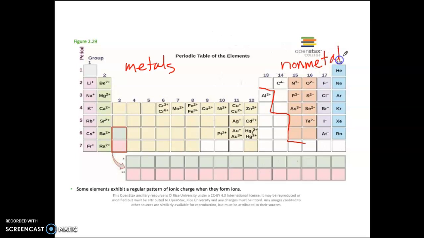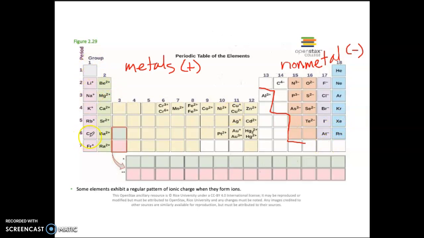So anytime you have a compound or a formula that has a metal and a nonmetal, it's going to be an ionic bond. The metal is going to be the positive cation. The nonmetal is going to be the negative anion. Together they make an ionic compound.